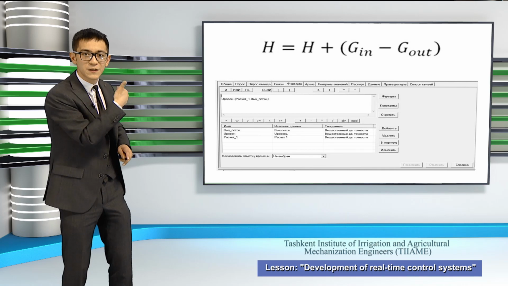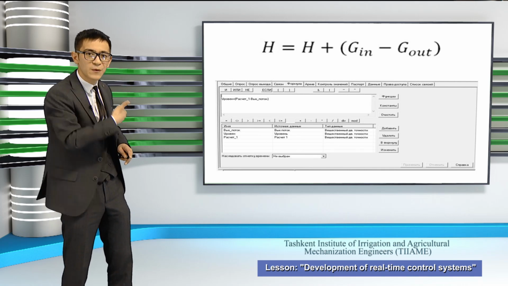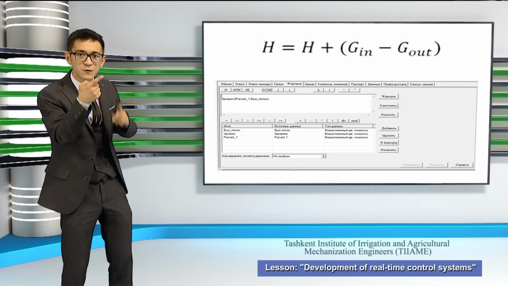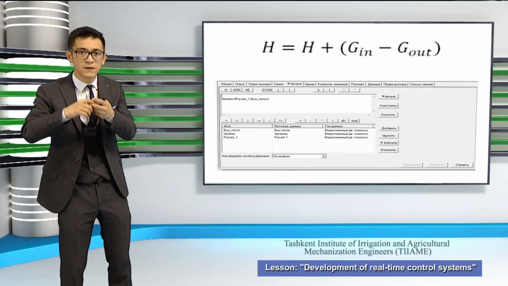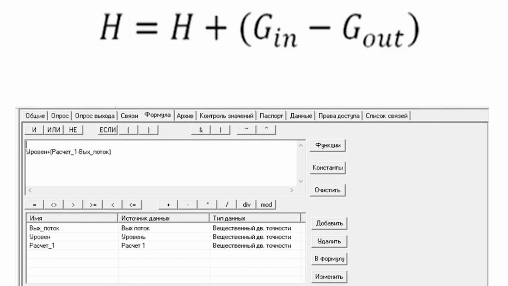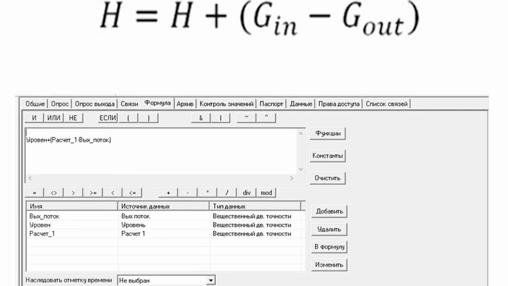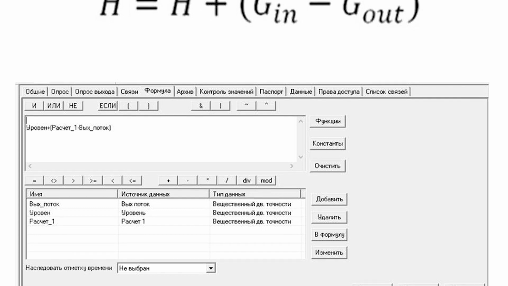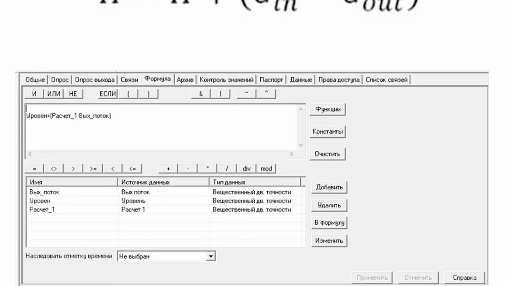Here you have this counting process. The directions will be linked together. For example, here we have incoming water, and it is linked to the level by red lines. Red lines mean that they are linked together.